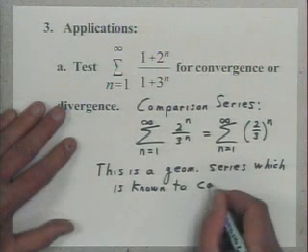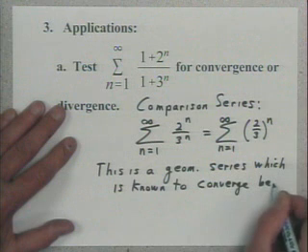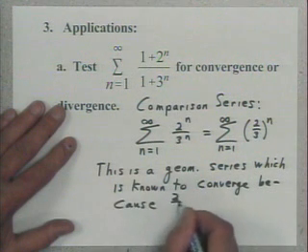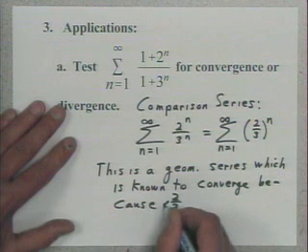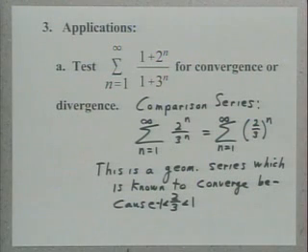Converge. Why? Because 2/3 is greater than -1 but less than 1. Because 2/3 is between 1 and -1.